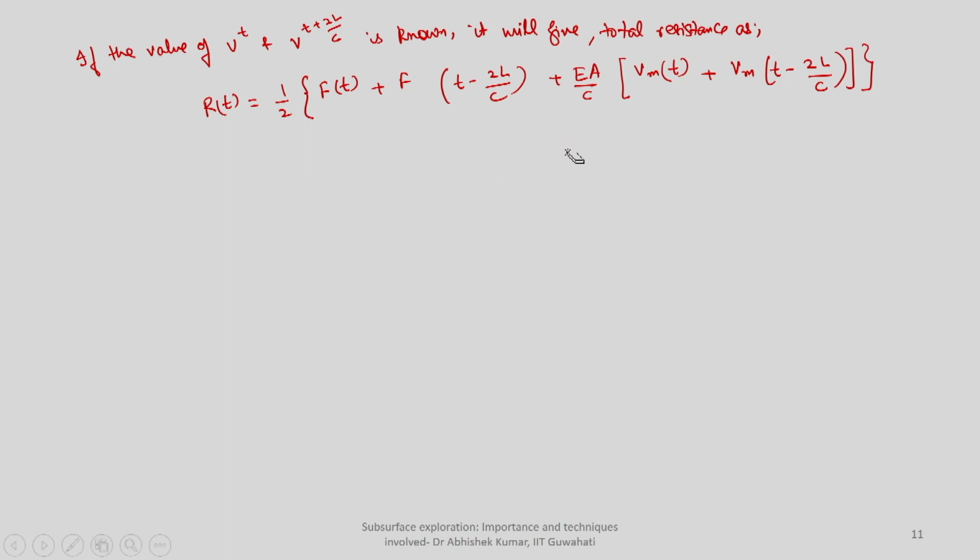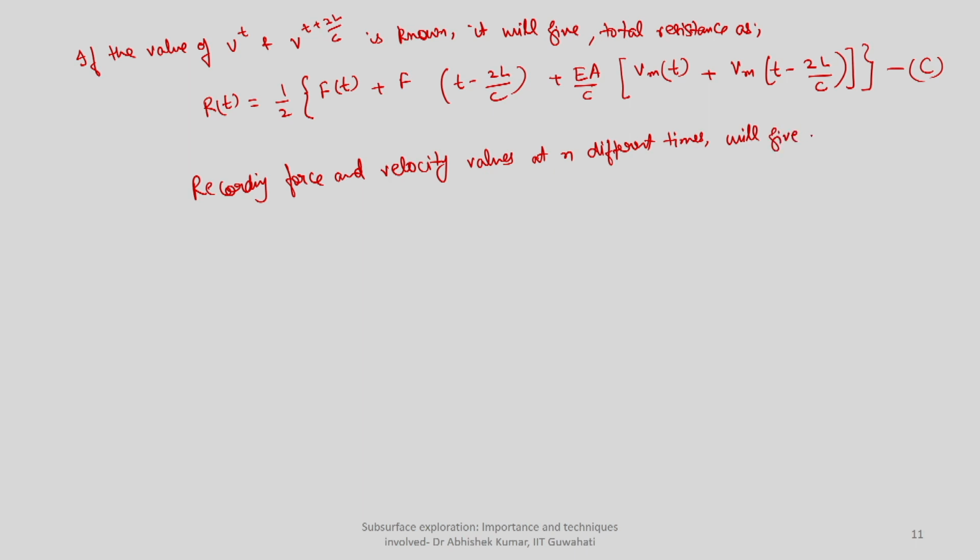What collectively I want to say here is, if you know equation C, recording force and velocity values at p different times, you will get the value of F and you get the value of V using equation C. That will give p simultaneous equations.